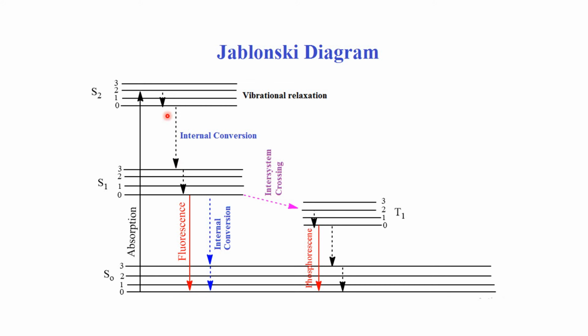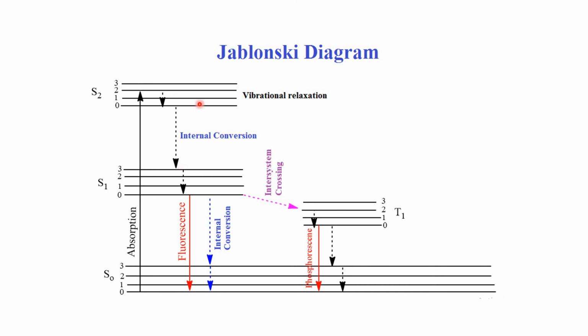Then this difference of energy is also released in the form of heat, that means non-radiative transition, and this process is known as the internal conversion. So, internal conversion is the transition between the two electronic states of same spin multiplicity.